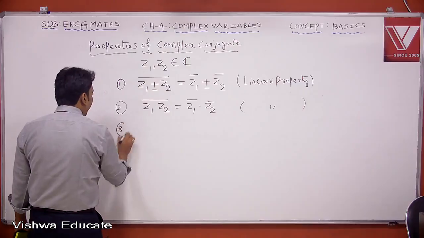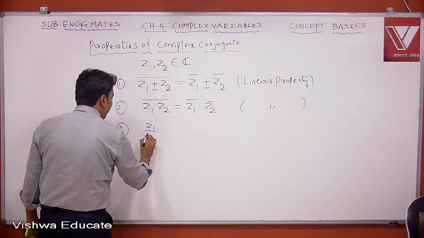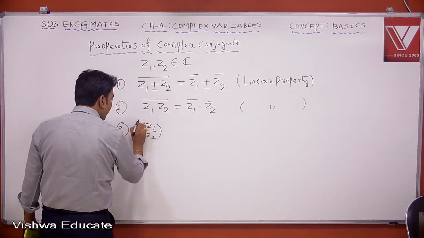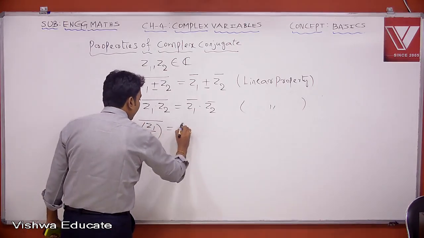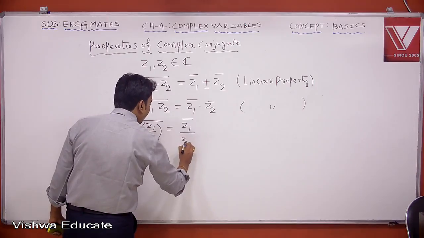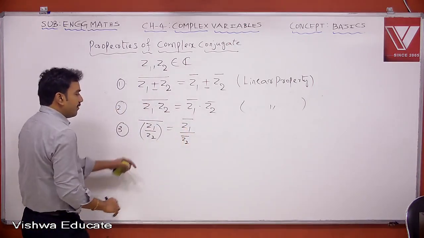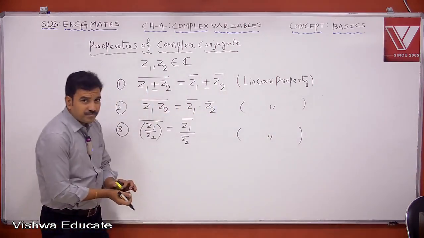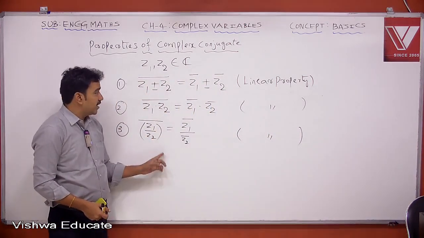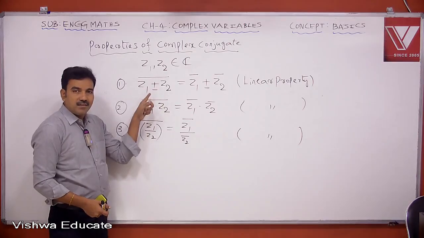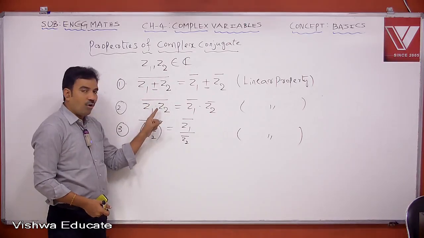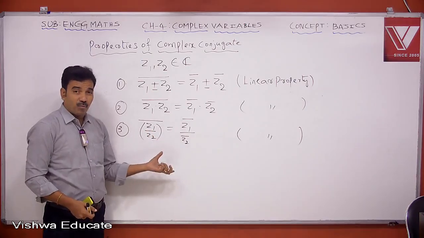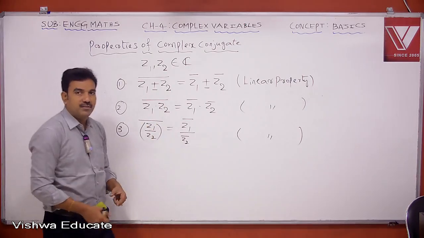Now when you replace dot by division, z1 by z2, the ratio of two complex numbers, I will get a new complex number. Apply conjugate, and this becomes z1 bar divided by z2 whole bar. This is also nothing but a linear property. Therefore, in case of complex conjugate, plus follows the linear property, minus follows it, dot follows it, even division follows the linear property. So note all these properties.